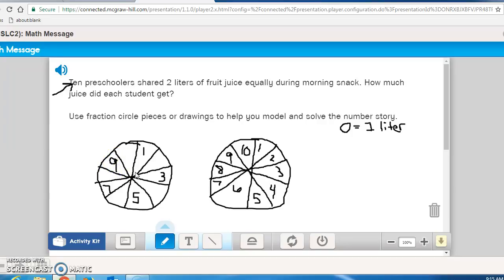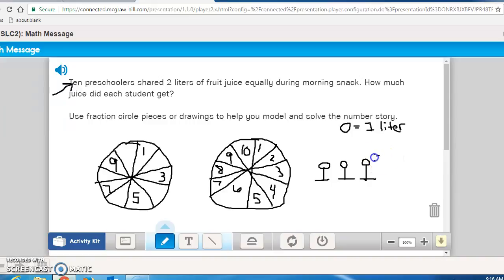Okay, so I'm going to divide the preschoolers into 2 equal groups of 5. If I have 10, that means half of them shared each one of these 2 liters. So I have 5 preschoolers. Remember, these are my cute little preschool people, and these are my little drawings for my people.